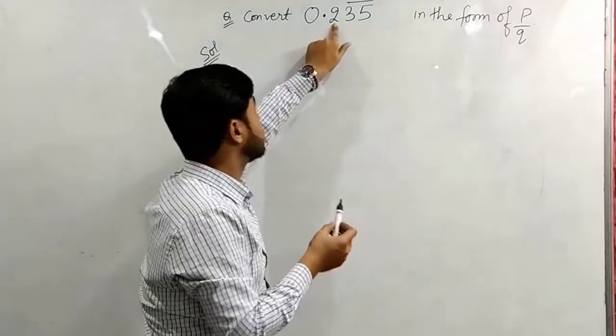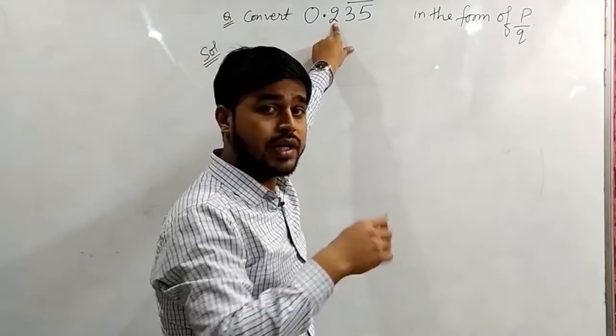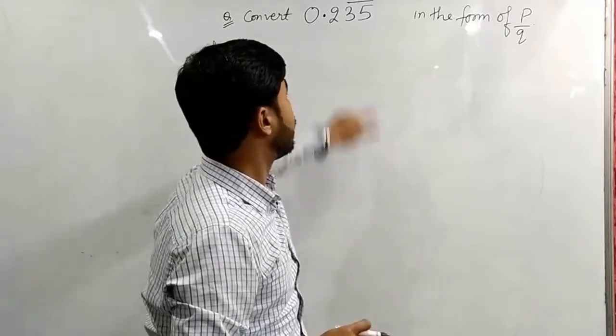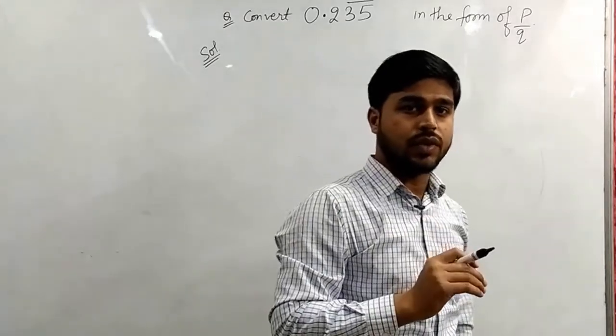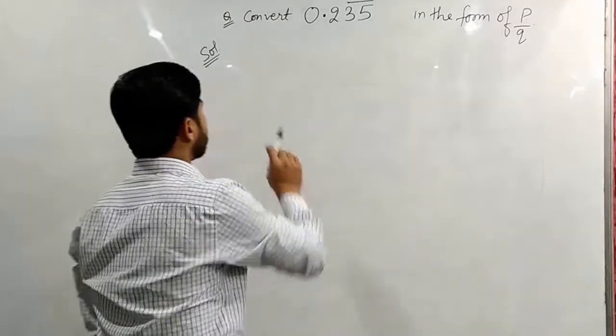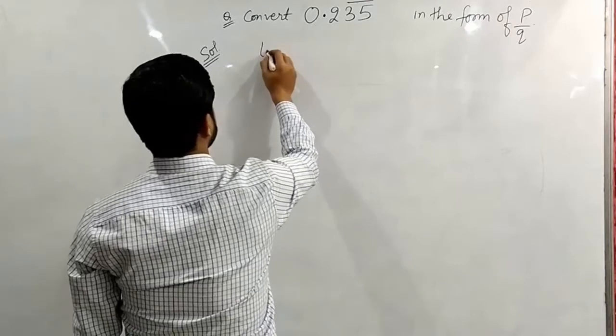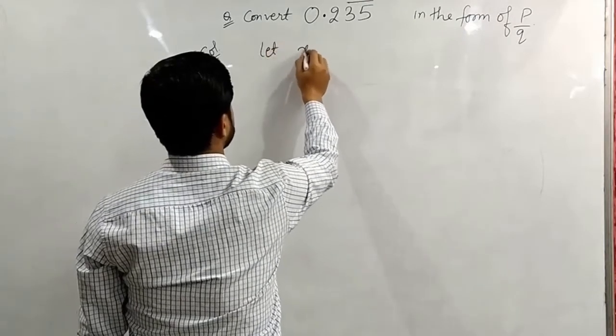There is a single digit which is not repeating, but it is there on the right side of the decimal. The approach is slightly different, but more or less similar to the previous one. Please focus on this question.